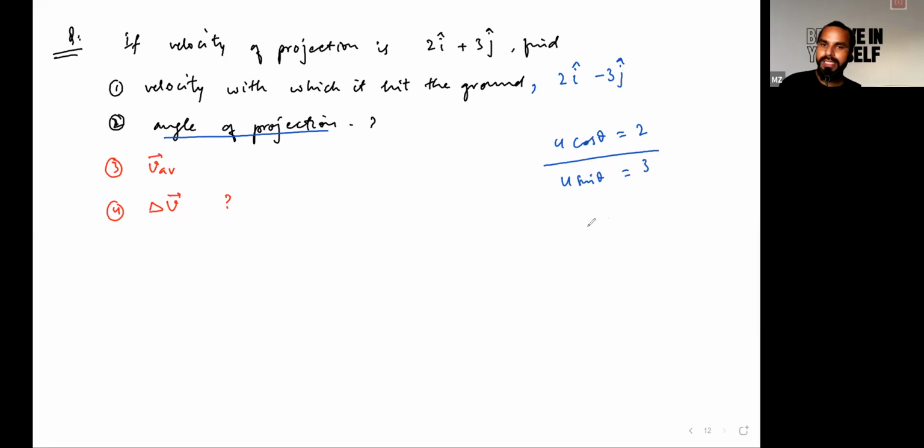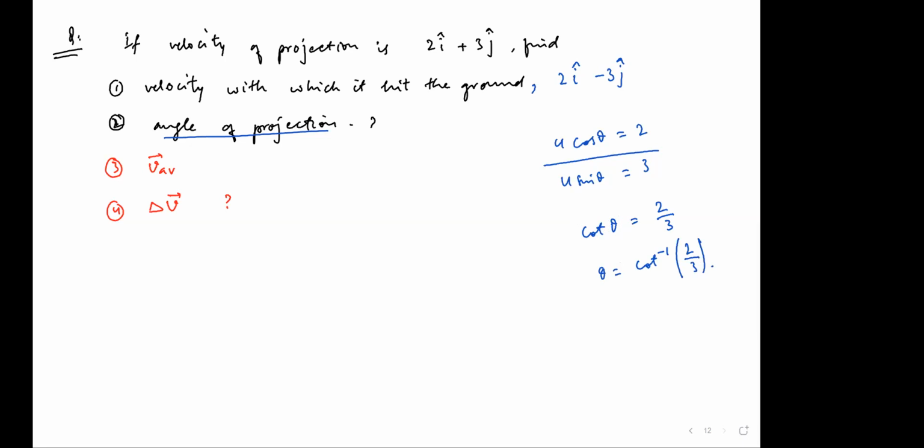Cos theta upon sin theta would give you cot theta, which is equal to 2 by 3. And to calculate this theta, move this cot to the other side, so it will be written as cot inverse of 2 by 3. Is it clear?